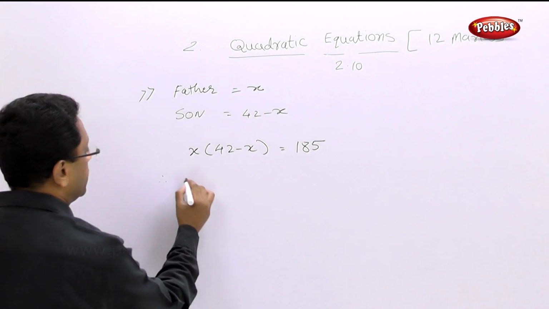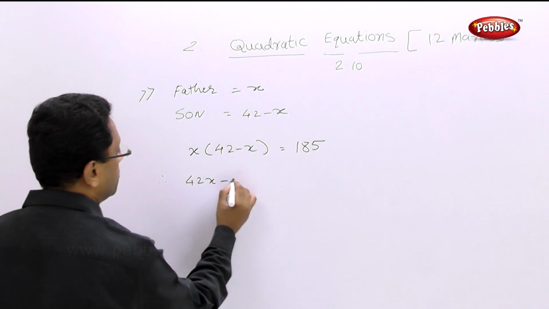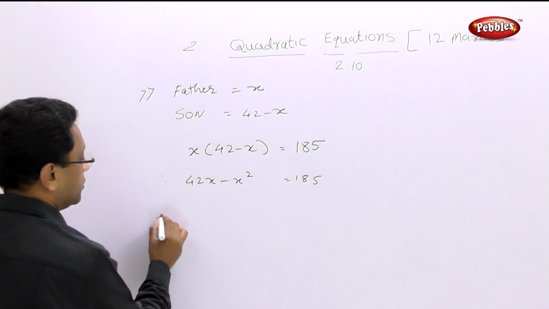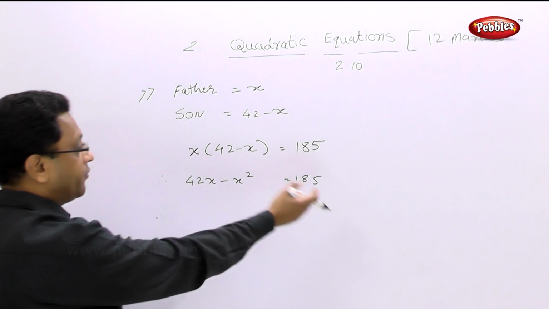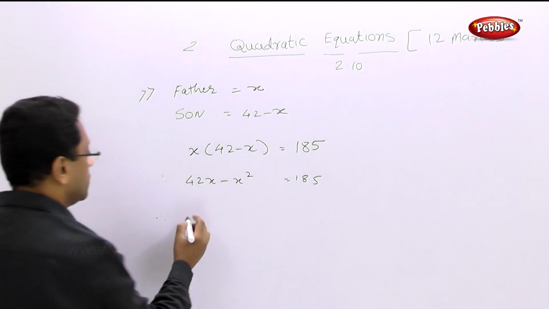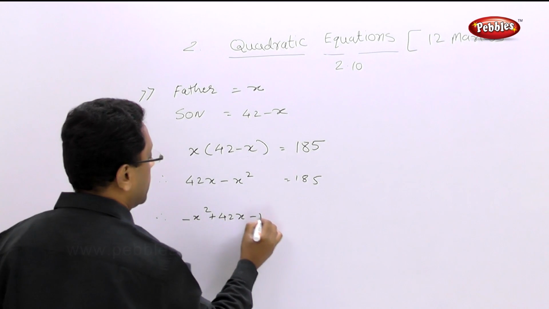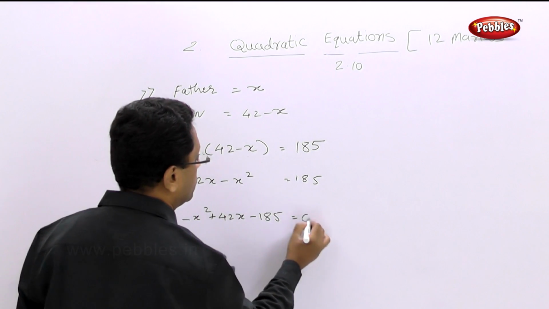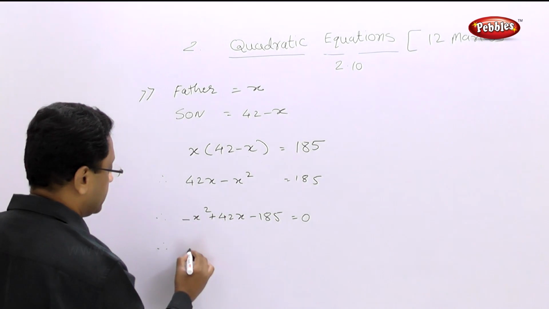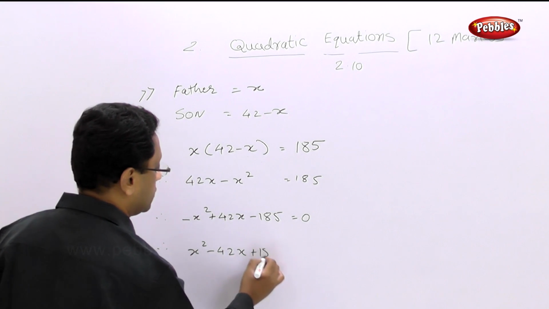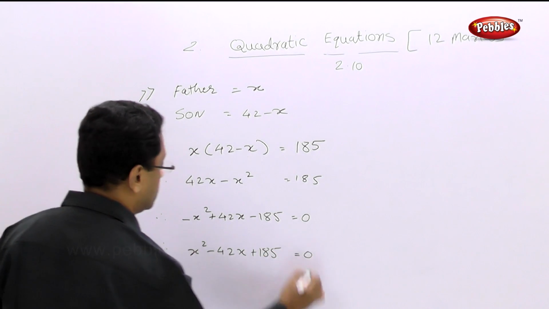So here we get 42x minus x square is equal to 185. So we'll transfer 185 to this side. We'll get minus x square plus 42x minus 185 equal to 0. We'll change the sign. x square minus 42x plus 185 equal to 0.